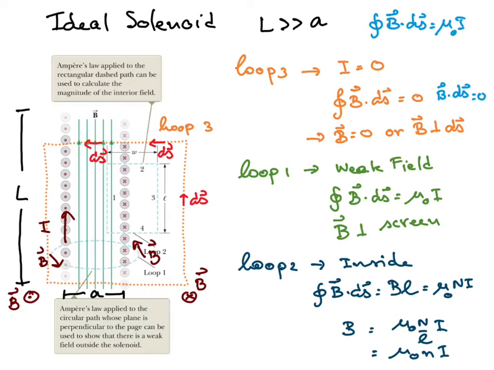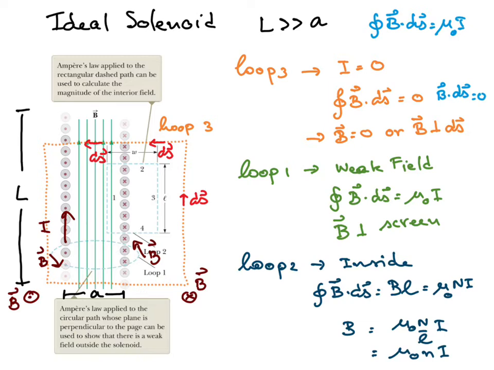But from the analysis of loop number 3, we know that B along this path must be 0, and B along this path must be 0. So it means that we only have the magnetic field here inside the solenoid.